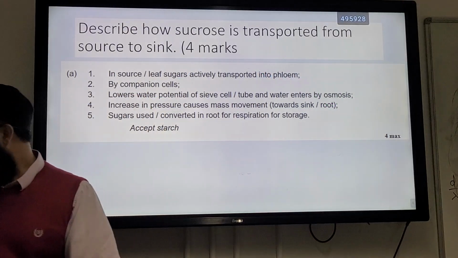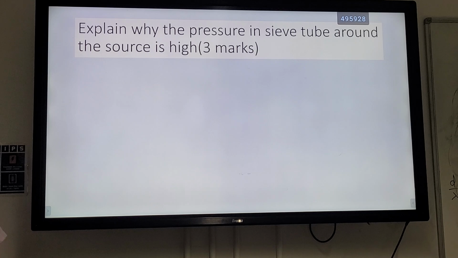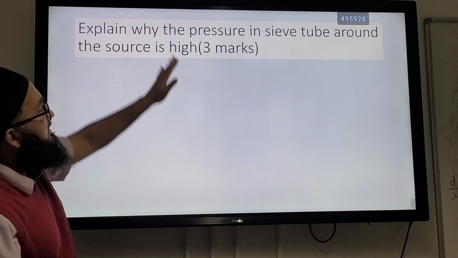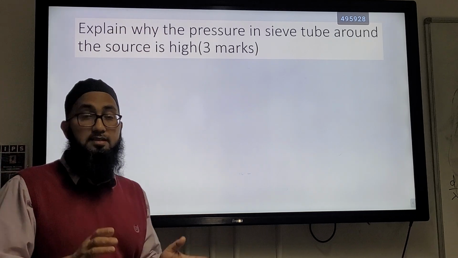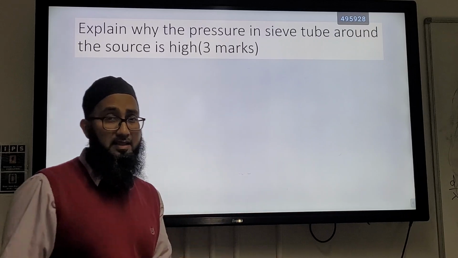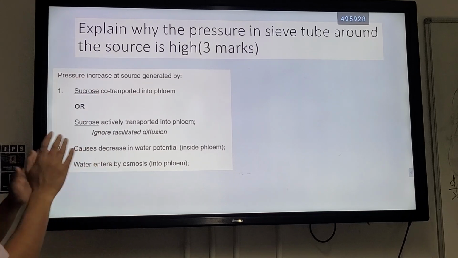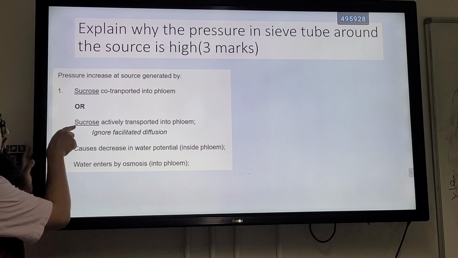Let's go to our next question. Explain why the pressure in the sieve tube around the source is high. Remember, it's about keywords. If you learnt it once, it's just copy and paste. So we're talking about the sieve tube, where the pressure is high because we have lots of sucrose.